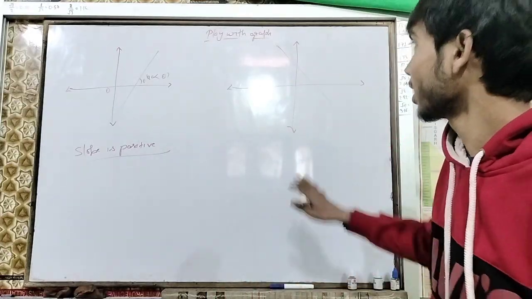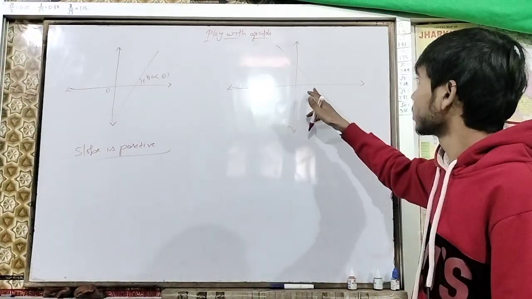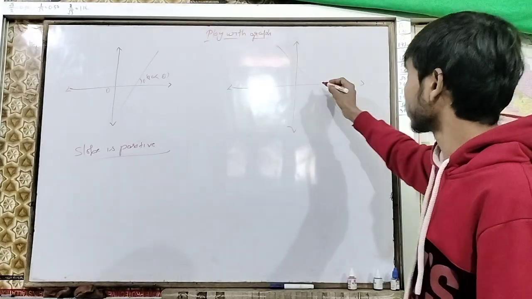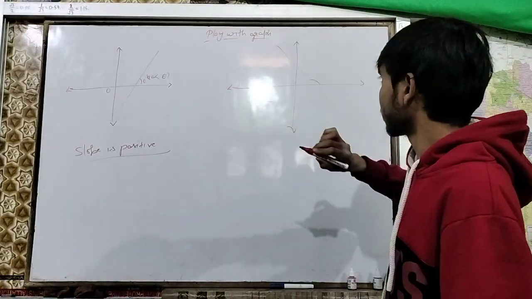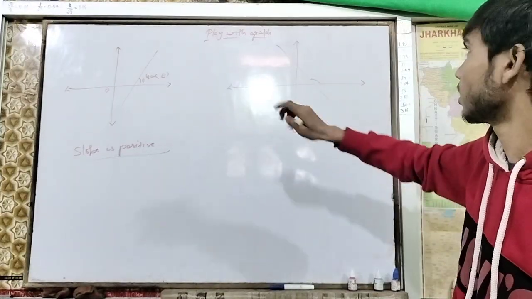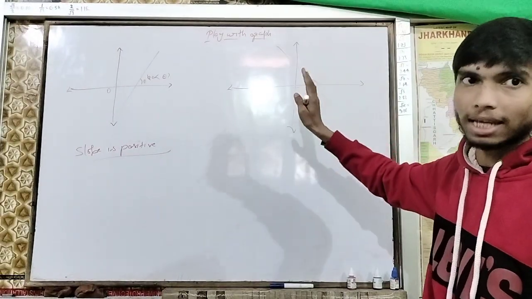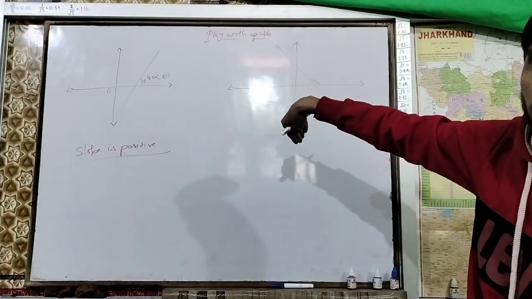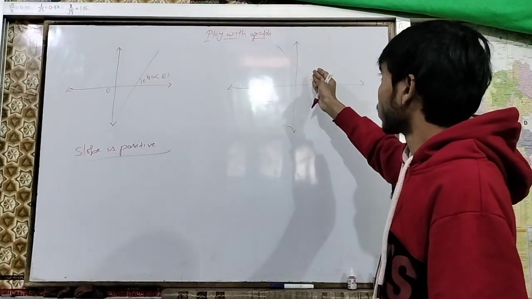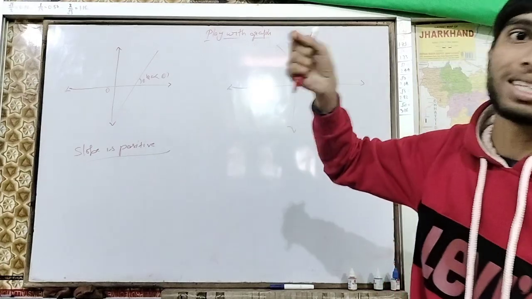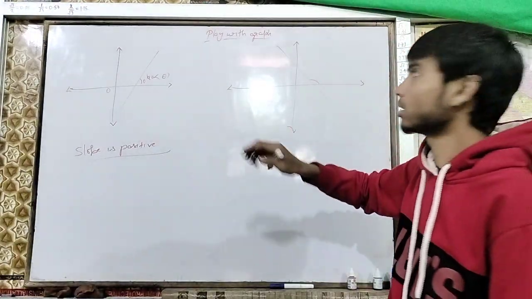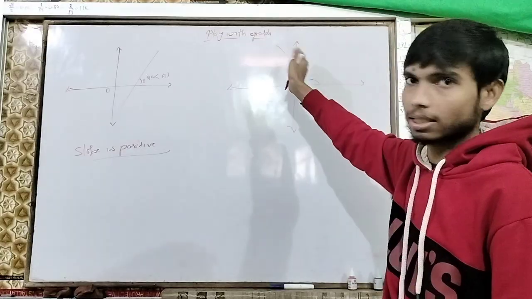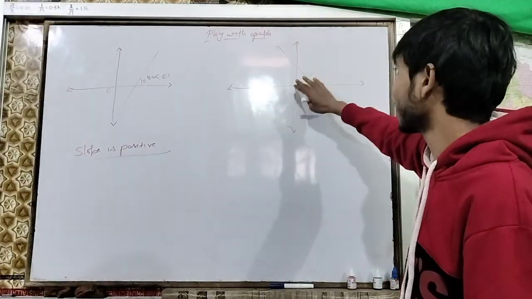Okay. Now in this graph, the direction is anti-clockwise. It is not perpendicular, but we can say that this is greater than perpendicular. The rotation over here is greater than 90 degrees because this is the perpendicular and it is coming to this side of the perpendicular. That's why this is greater.